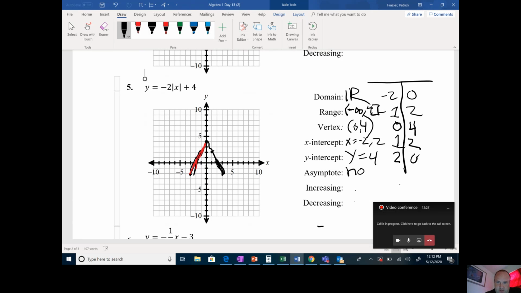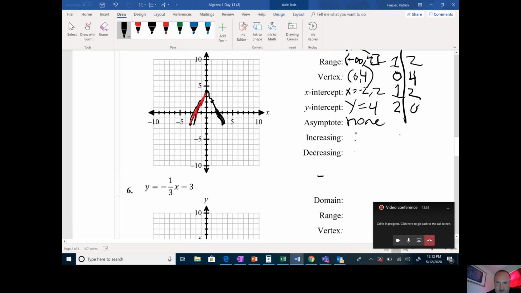There is no asymptote. And then for increasing, well, this thing is increasing as we go to the left, and think of negative as just a set of directions that says move to the left. Simon says move to the left, and positive, the plus sign, means move to the right.